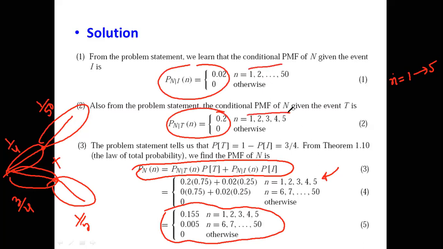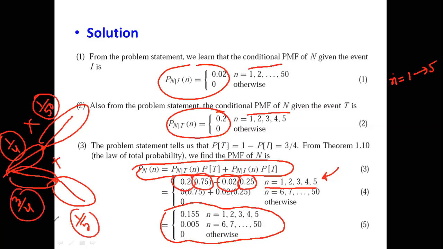For this region, the value is 1 by 4 multiplied by 1 by 50, plus 3 by 4 multiplied by 1 by 5. Is it clear? Yes, sir.